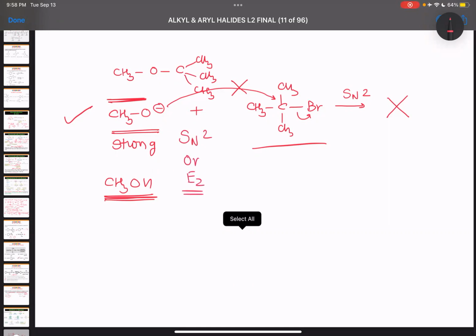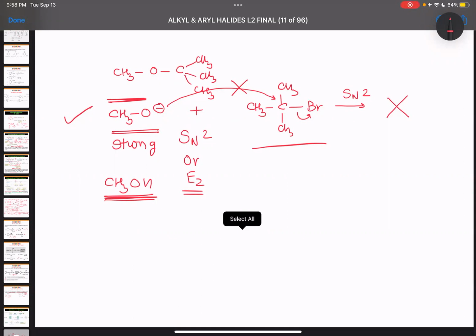Clear? Yes, sir. Because bimolecular means now two molecules will be involved. Okay, how will two molecules be involved? Because it will go and start attacking.